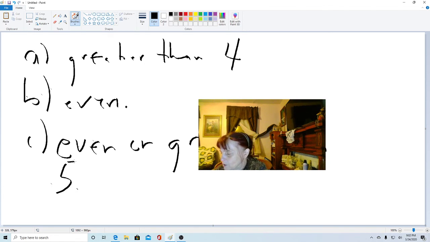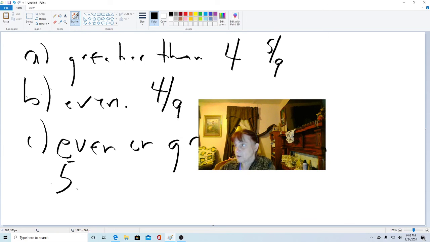Okay, how many are greater than 4? You have numbers 1 through 9. You have 5, 6, 7, 8, 9. So it will be 5 over 9. Okay, and even, you have 2, 4, 6, 8, so 4 ninths.